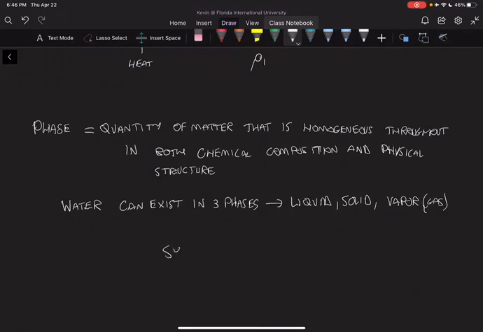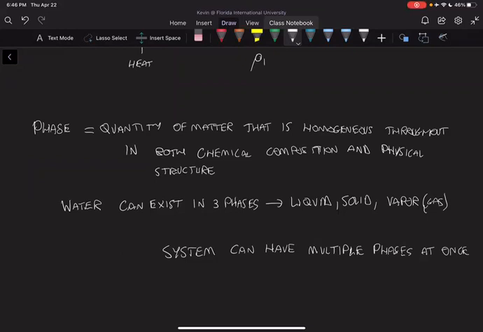However, a system can have multiple phases at once. So a system can have multiple phases at once. So what does that mean?